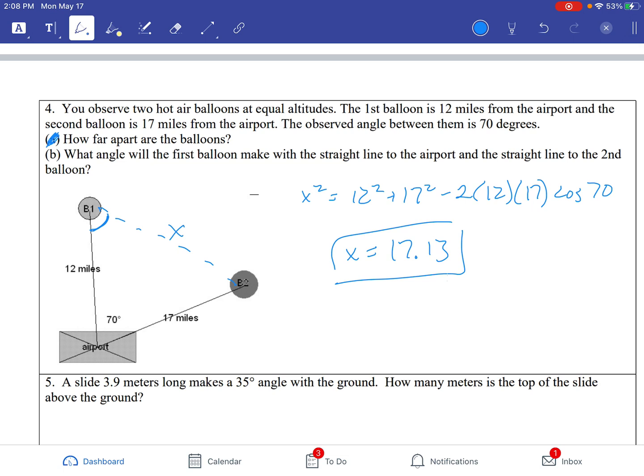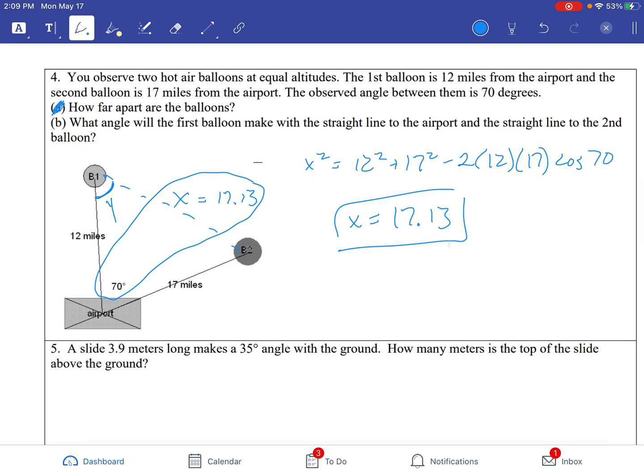So, in this case, we have a pairing. We know that the x here is 17.13, so we're going to use that with the 70 degrees to find out what this, we're going to call that y, is.